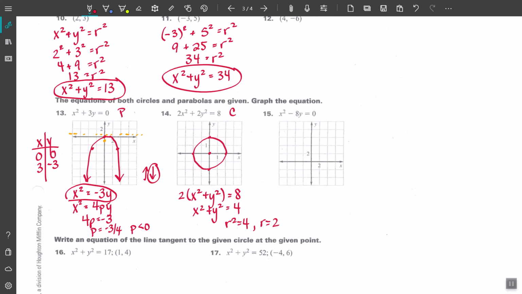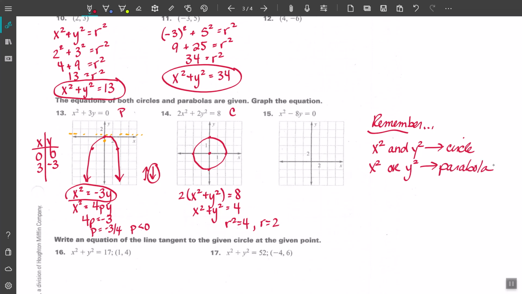Okay, so pretty straightforward. The only things to keep at the front of your mind as you're doing these: if both x and y are squared, then you've got a circle. If only one of them is squared, then you have a parabola.